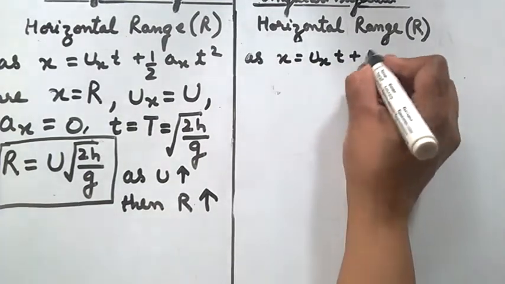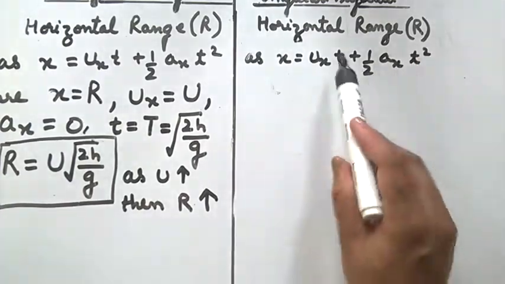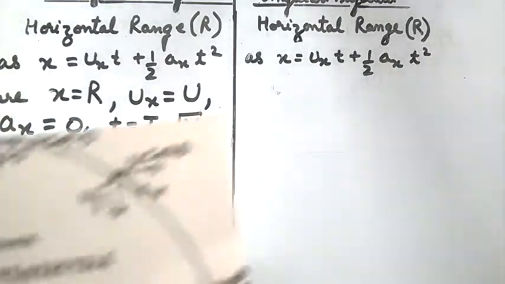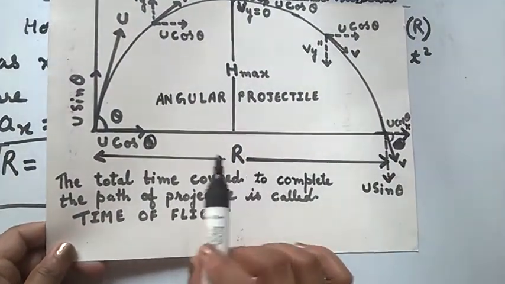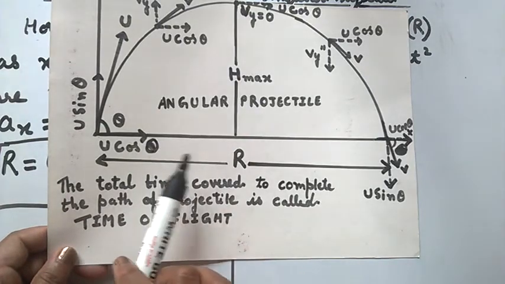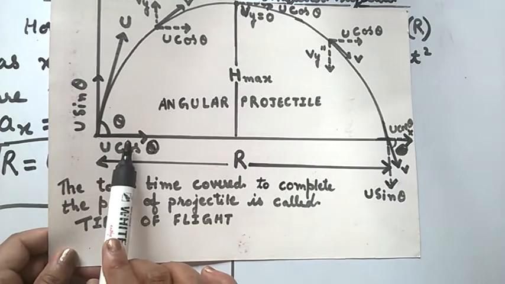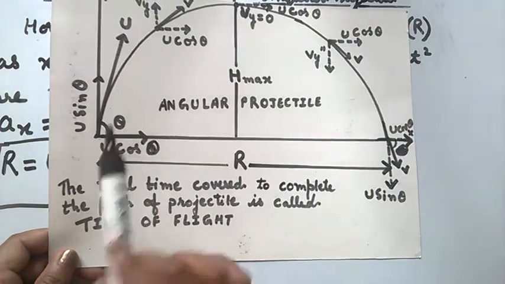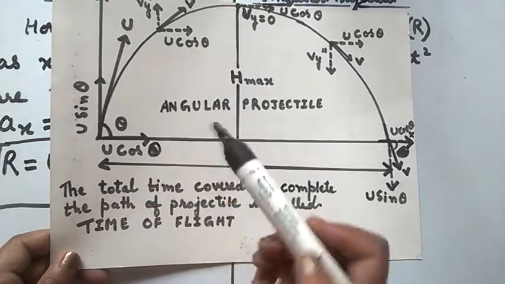And horizontal range in angular projectile is R, and here x is equal to R, horizontal displacement is equal to horizontal range, and initial velocity along x-axis is u cos theta and acceleration along x-axis is 0. Also, time of flight is the total time covered.